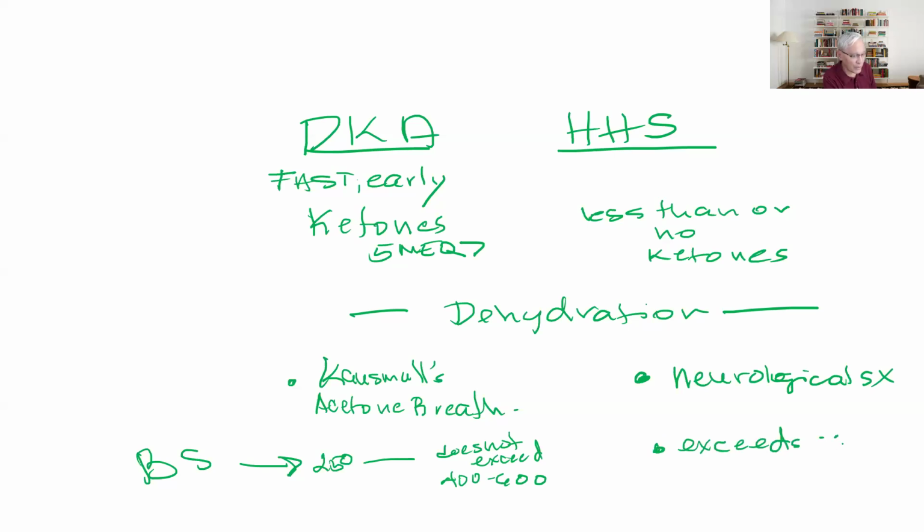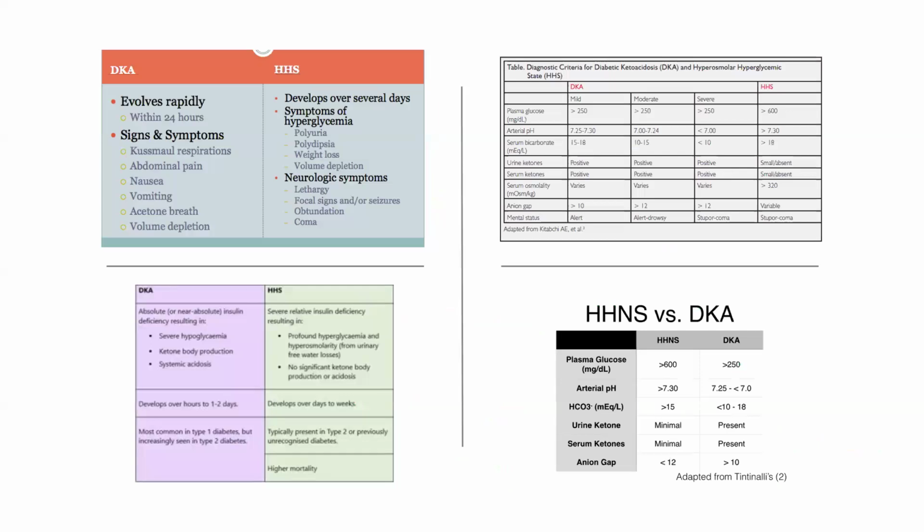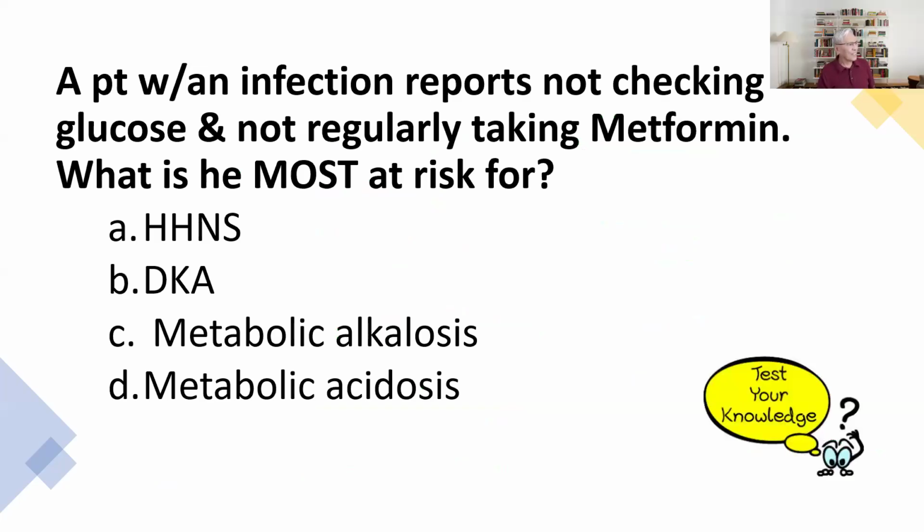It's over 600 milligrams. The highest glucose level that I've ever seen, I thought I was going to die when I saw it. It was 900. I've never seen a blood sugar that high. But anyway, that immediately tells me that this is not DKA, it is HHS. Okay, good.